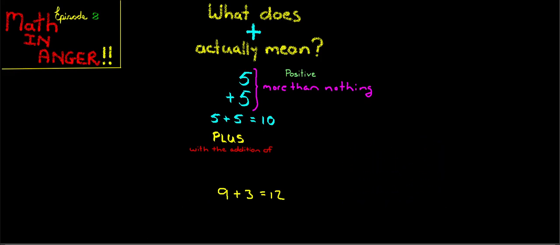And now when somebody tells you 9 more than nothing with the addition of 3 less than nothing is in balance with 6, now you are reading it correctly. Now you're saying 9 more than nothing with the addition of 3 less than nothing is in balance with 6 more than nothing. Now it becomes understandable, doesn't it?